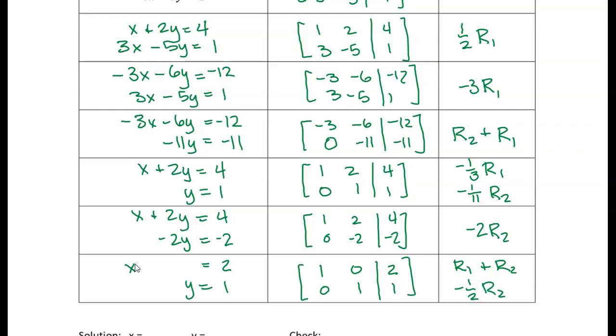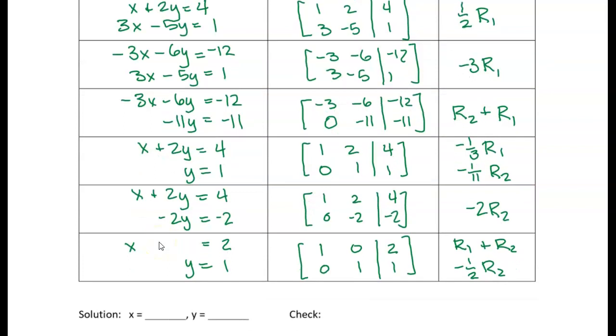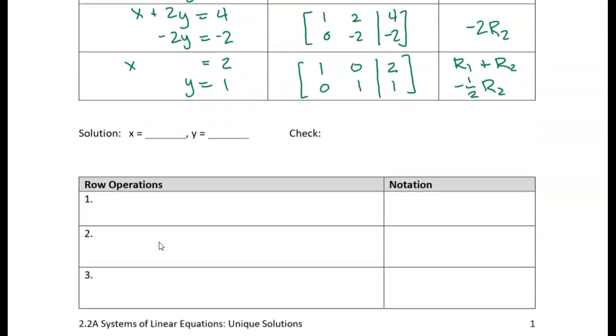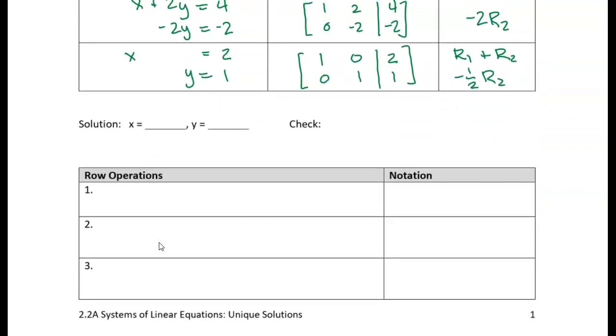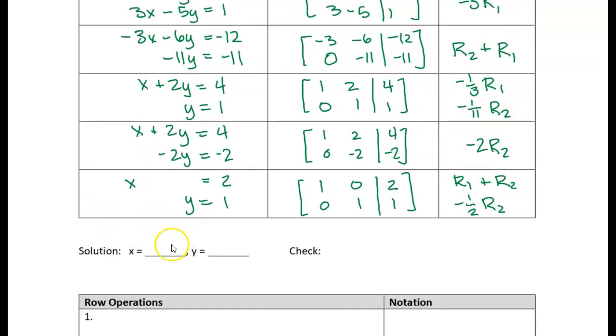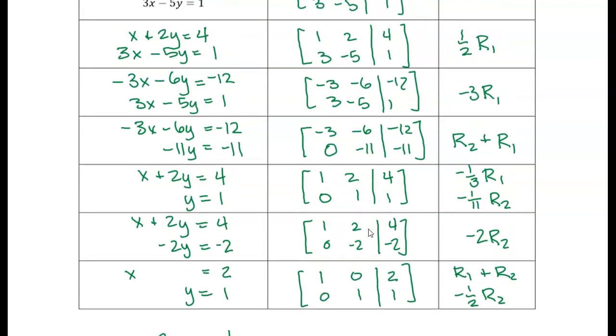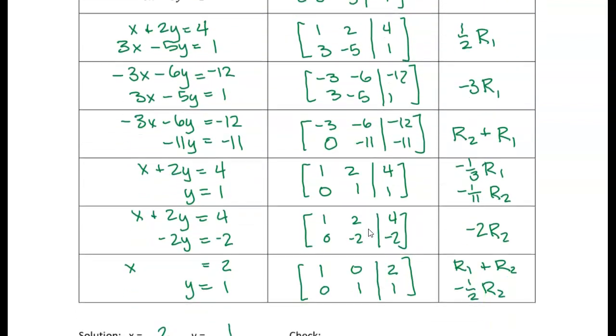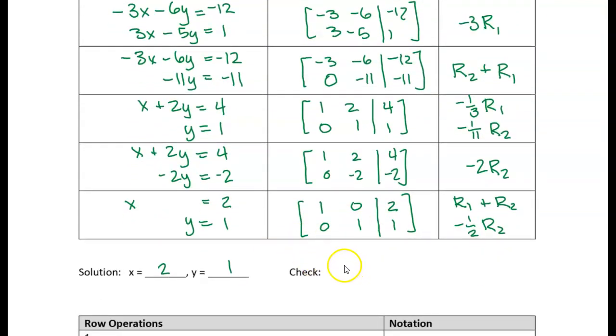All right. So let's give you a little flavor of what the valid row operations are in Gauss-Jordan elimination. So my solution for this example is that x is equal to 2 and y is equal to 1. Now, it never hurts to check these things. All right, so let's look at the original equations. It was 2x plus 4y equals 8. So 2 times the x value I found plus 4 times the y value I found is equal to 8.